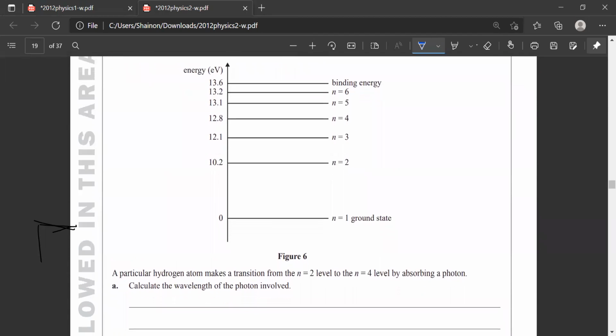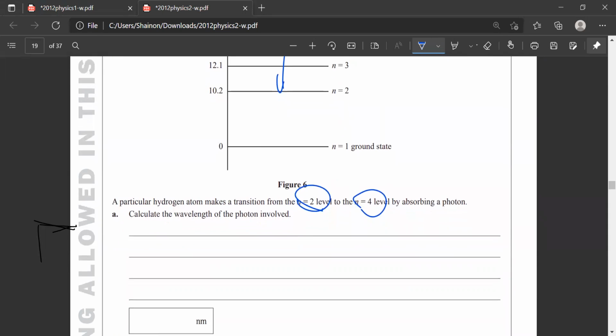Last question. N2 to N4. That's going to be a difference of energy equals 2.6 eV.